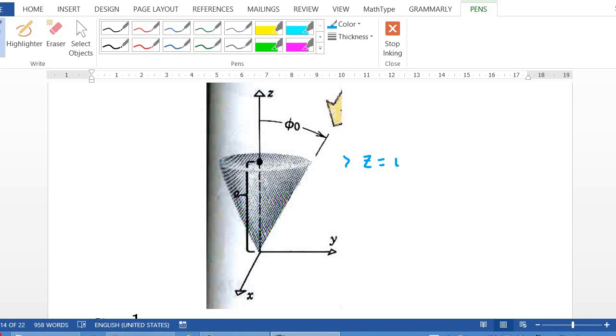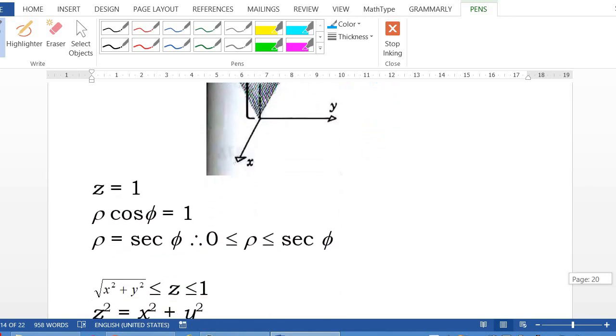Compared to just now with the ice cream cone, where rho is the radius of a sphere, in this case rho actually touches the plane z equal to 1. That's why, solving the z equal to 1 equation, you get rho from 0 until secant phi.